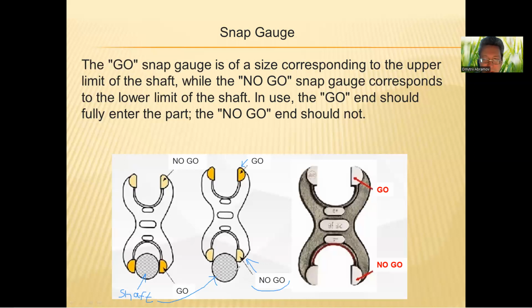In use, the go end should fully enter the part. The no-go end should not, like in the figure that you can see on our screen.